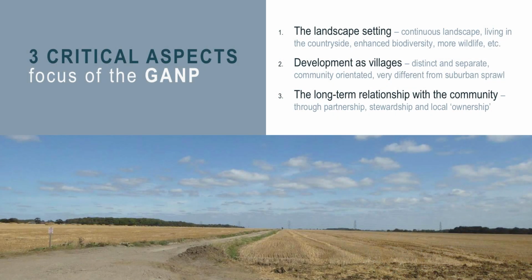They were very much concerned about the relationship between the green spaces and how the built environment sits into the green spaces. Also, what is a village? What makes a village? A lot of soul searching went into scoping what makes a village compared to a suburb or a neighborhood. And then also the long-term relationship with the community in terms of stewardship and governance, and how the new communities would be integrated into the existing ones.